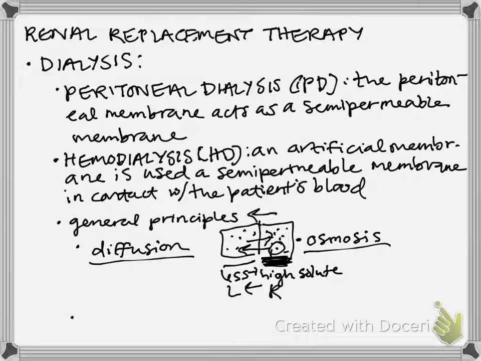Ultrafiltration is a term that's used with dialysis. Ultrafiltration is where you have water and fluid removal. It results from an osmotic or pressure gradient. In peritoneal dialysis, this uses an osmotic gradient. In hemodialysis, that uses a pressure gradient.